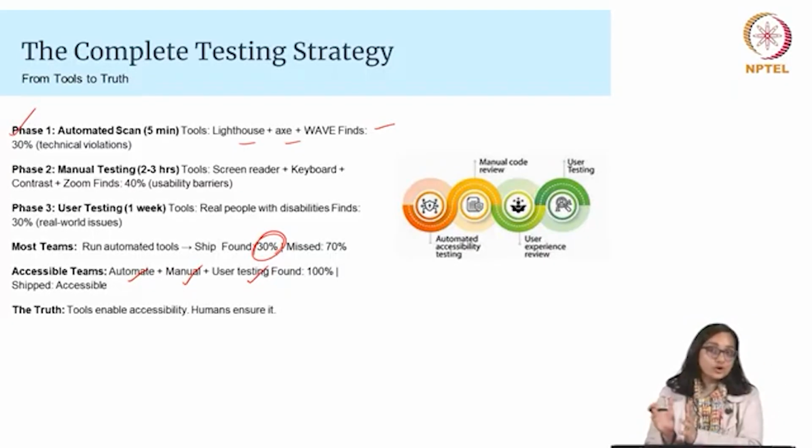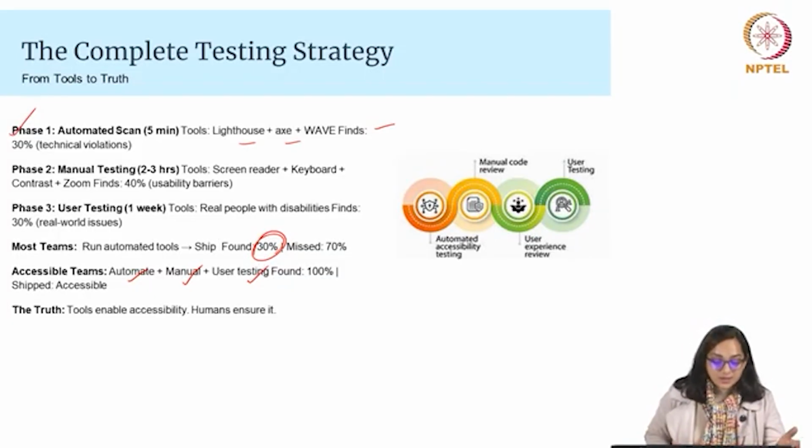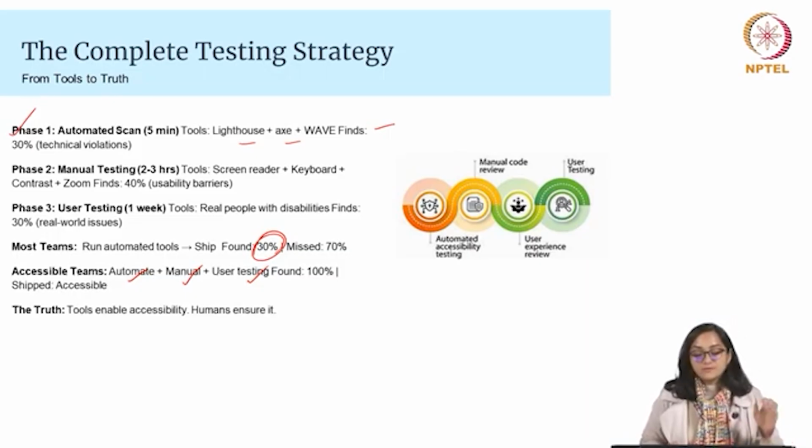So the final launch product is likely to be more accessible than one where we are not employing all of these steps. Tools can only enable and facilitate accessibility identification, but humans have to ensure it.